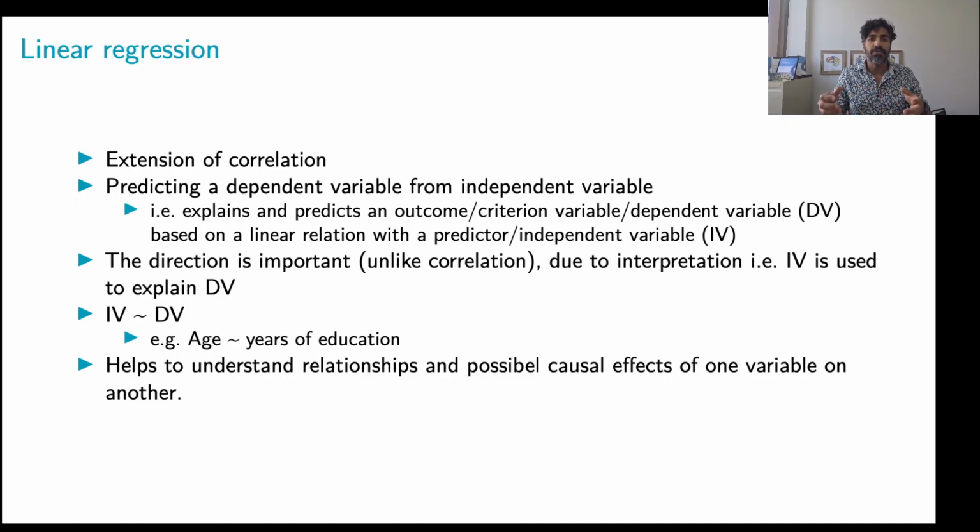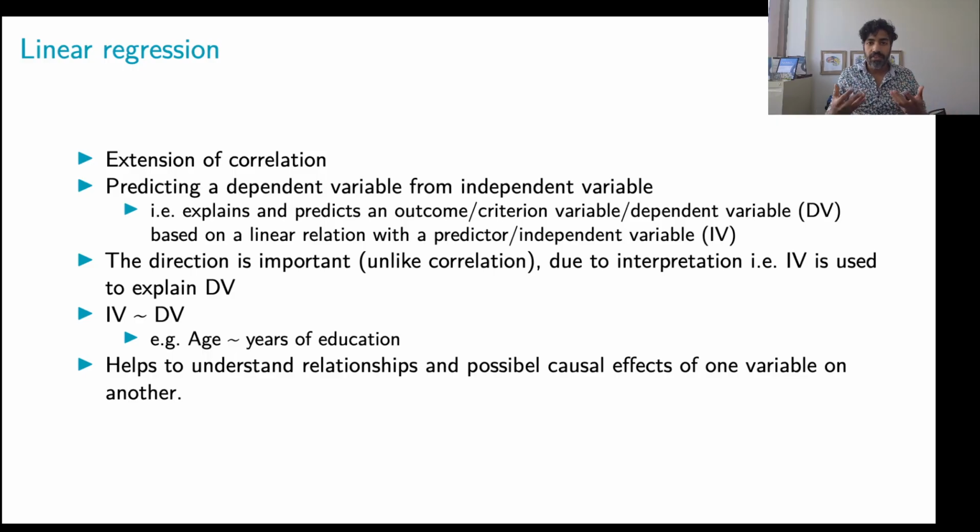So to really understand the relationships and possible causal effects of one variable on another, you need to understand the direction that's occurring. And then you make an argument. You say, look, for all these reasons, perhaps there's a mechanism of action that is likely to drive what you see, or some theory that drives the phenomenon that you see, we think that changes in the independent variable result in changes in the dependent variable.